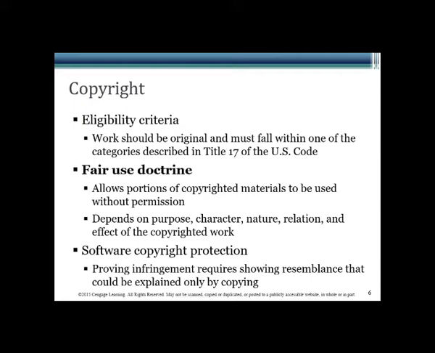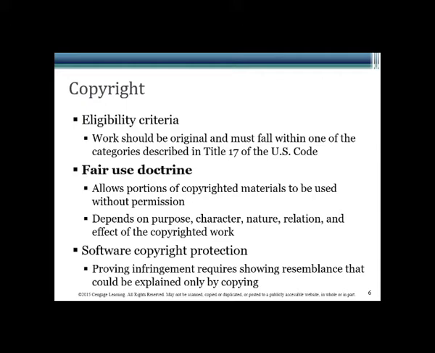The purpose and character of the use, such as commercial use or non-profit, educational purposes. Number 2. The nature of the copyrighted work. Number 3. The portion of the copyrighted work used in relation to the work as a whole. And number 4. The effect of the use on the value of the copyrighted work.